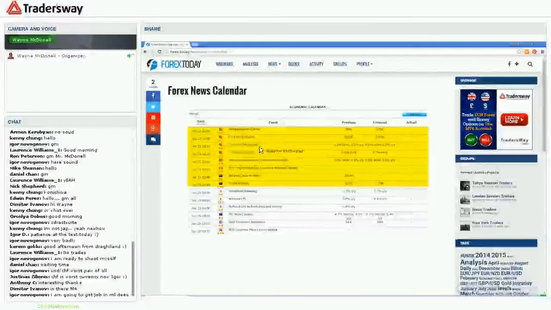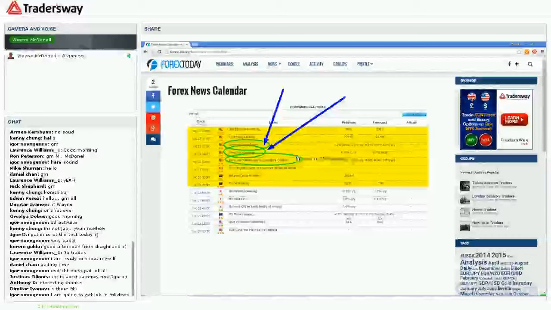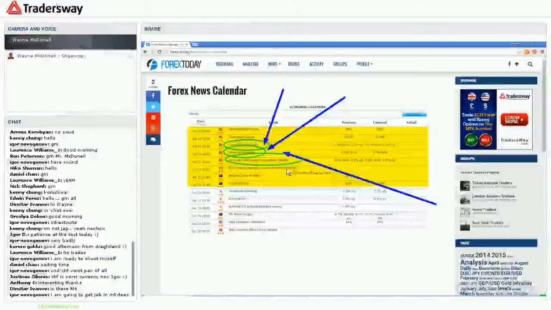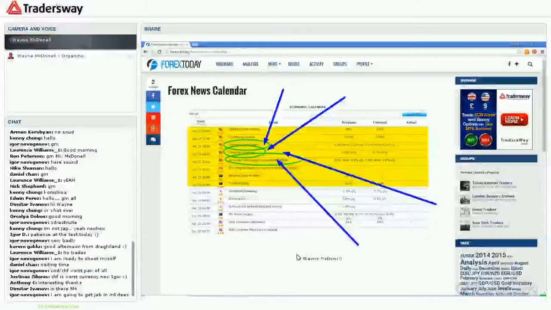But PCE is very, very interesting. PCE and personal spending, personal consumption expenditures, all that kind of stuff. The Fed actually uses PCE probably more than GDP, for example. If I were to guess, the Fed pays most attention to NFP and PCE.